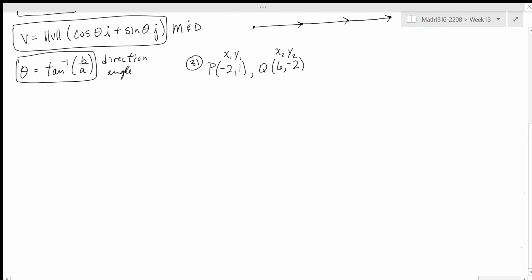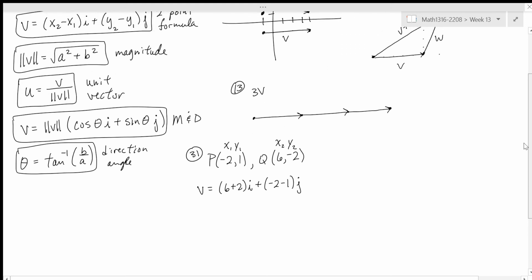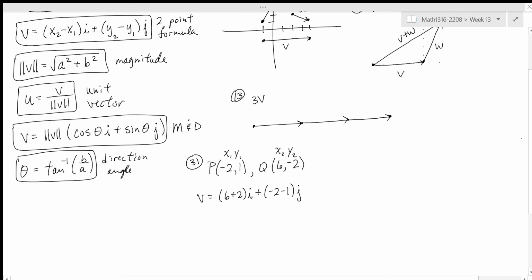All right, here we go. Let's plug and play. That's going to be x2 minus x1 i plus y2 minus y1 j. Whoa, and let's make sure that I didn't screw that up. The formula does have a minus.